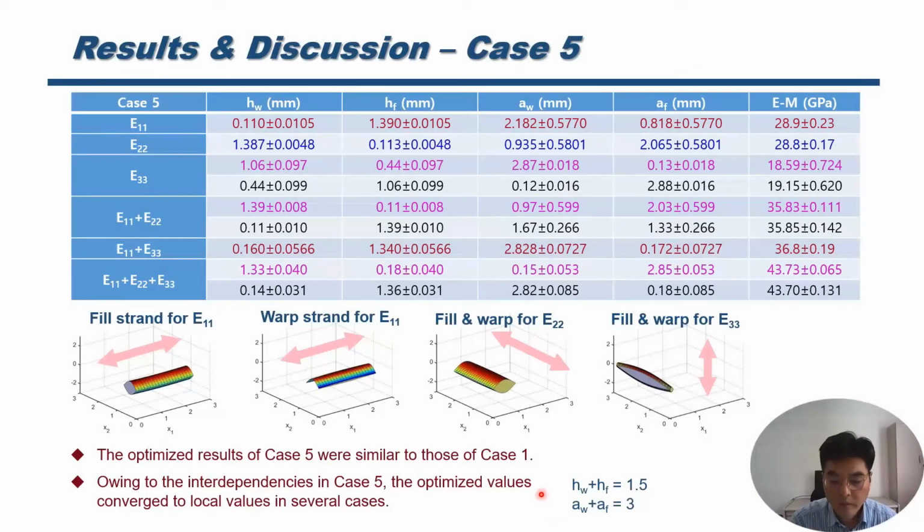However, because of these dependencies, the optimized values converged to local values in several cases. For E11, you need to have large volumes of fill strand. For E22, large volumes of web strand. However, in other cases, the optimized structure will be divided into two categories. E11 and E22 are also divided into two categories, and E11, E22 and E33 are also divided into two categories.